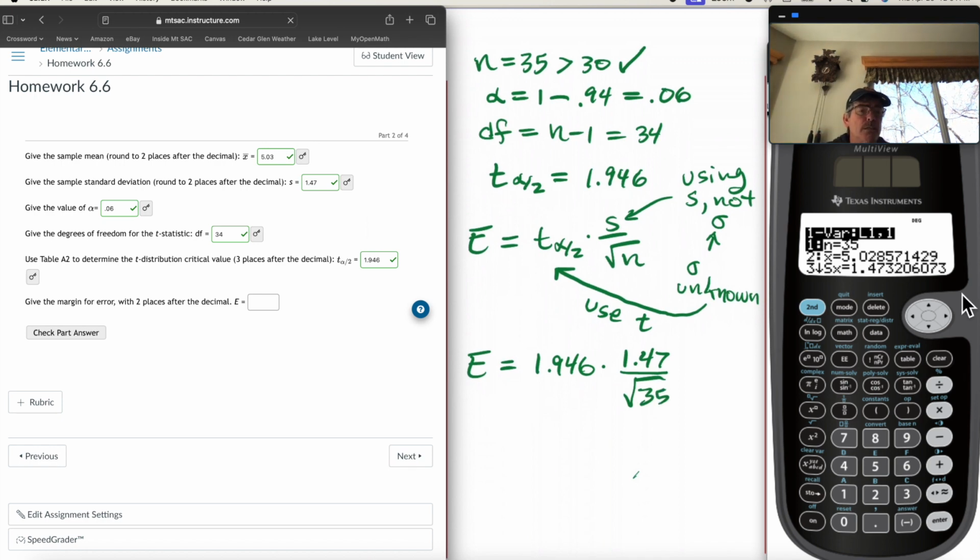So we'll pump that into the calculator over here. 1.946 times s, 1.47, and then divide by square root of n. Again, n is 35. Okay, and then I think we'll continue to keep 2 places after the decimal here, so it's 0.48.